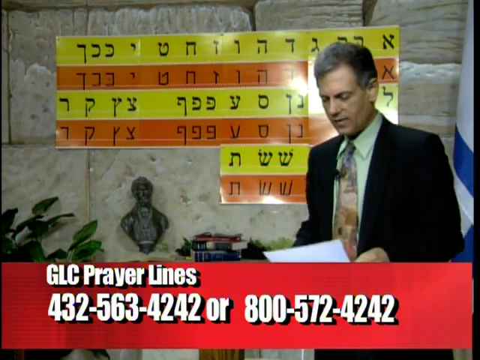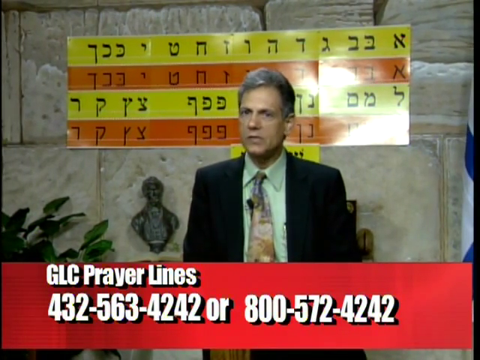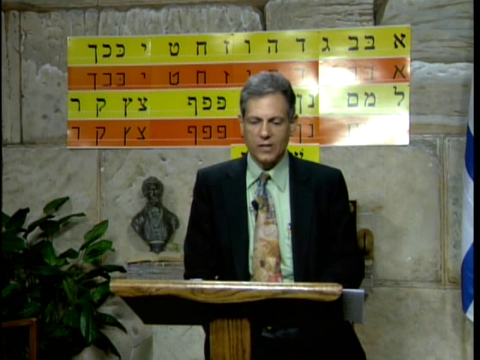So this was just the first lesson in learning how to read Hebrew. We went over the vowels, and I hope to see you soon in our next lesson of the Hebrew letters.